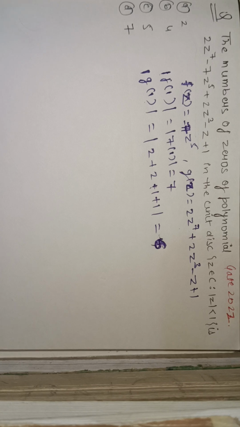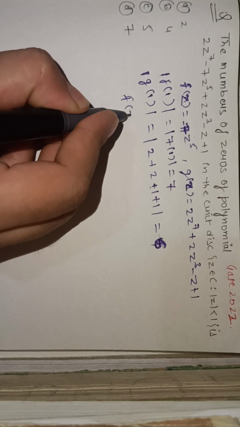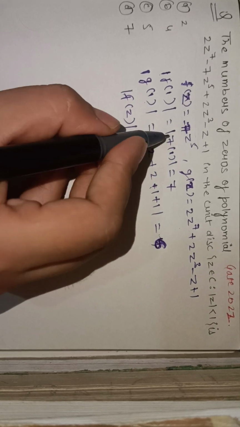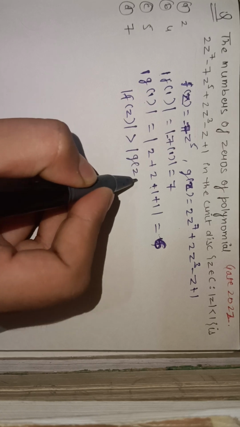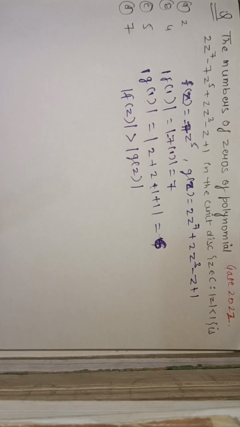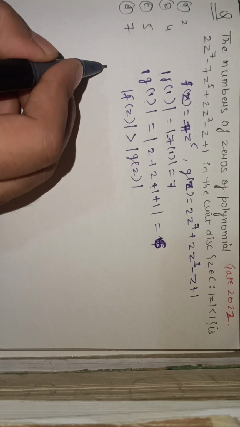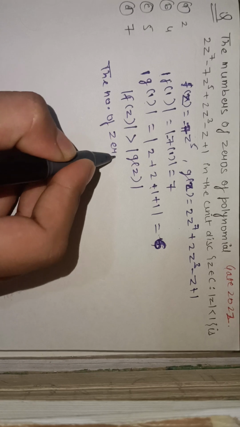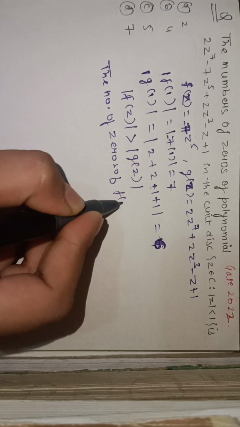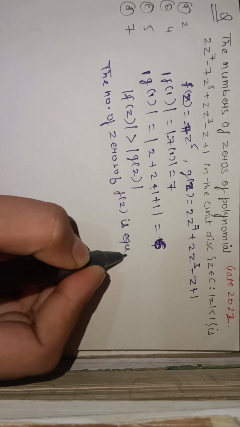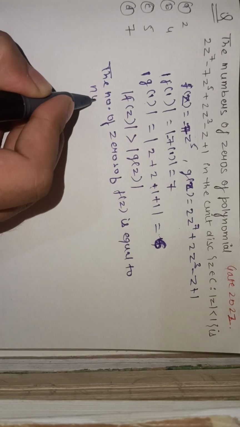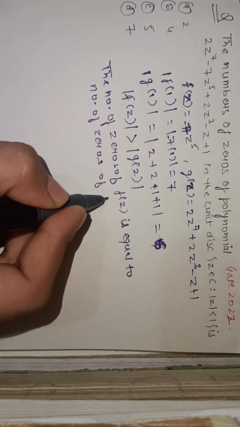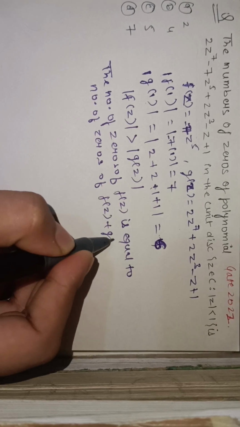So we see that mod f(z) is greater than mod g(z). So by Cauchy's theorem we can say the number of zeros of f(z) is equal to the number of zeros of f(z) plus g(z).